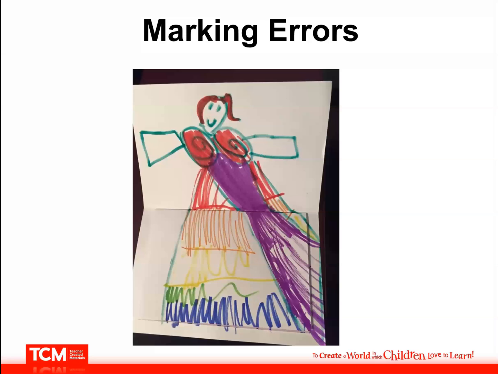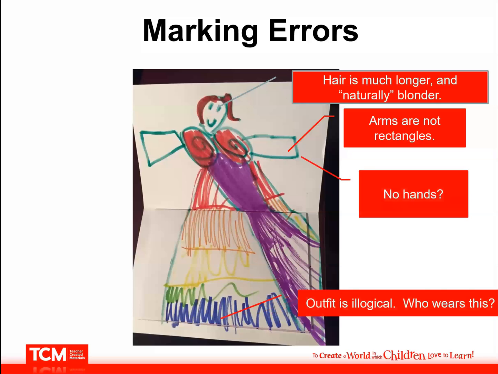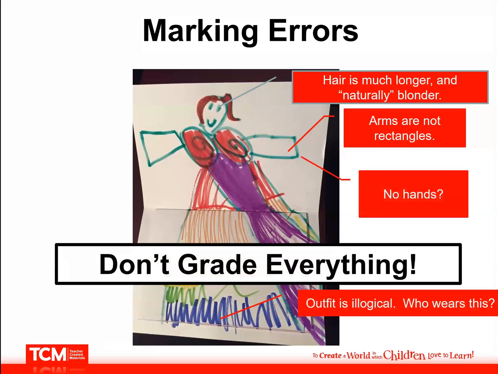She wanted to wish me a happy birthday. That message was clearly conveyed through this drawing. The fact that I don't have hands here doesn't take away from this message. So as you can see, it's not important to grade every single error that's wrong. Keep that in mind when holding a student's paper in your hand. Remember to keep the message ahead of the corrections.